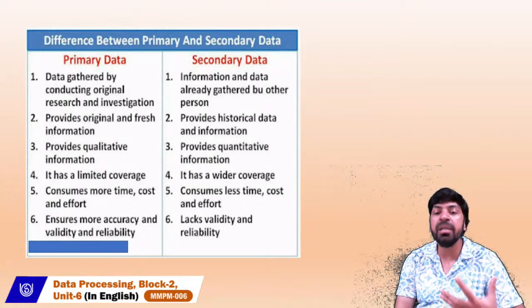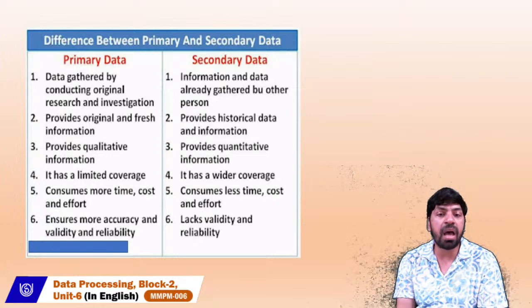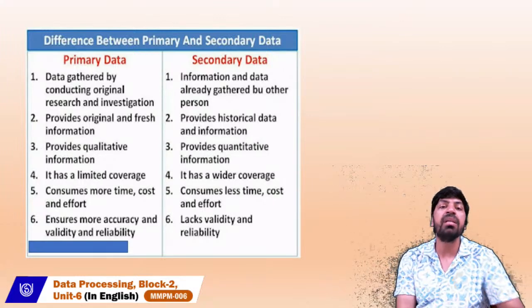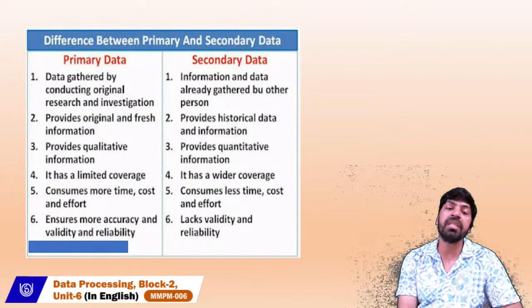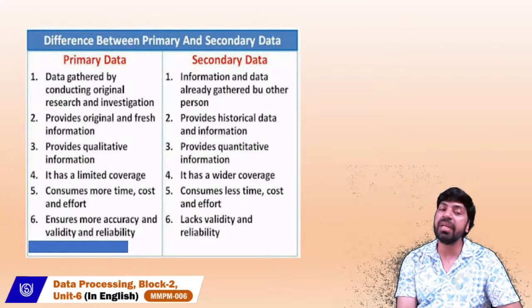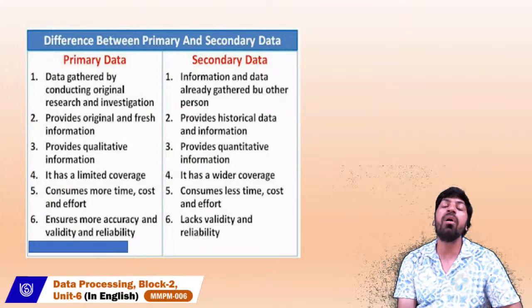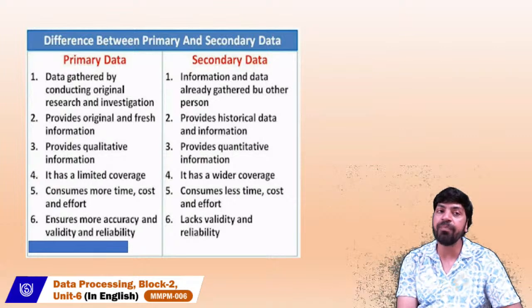For example, the data of the profit and loss account and all the financial statements, when used for analyzing in your own study, become secondary data for you. Primary data has limited coverage, but secondary data has wider coverage. You get plenty of data on online sources regarding any subject area.